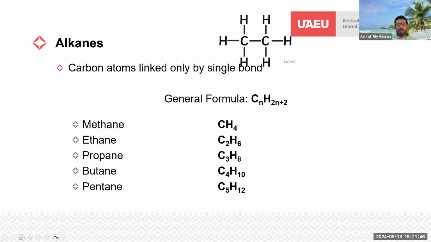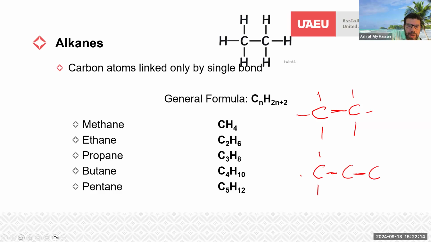So the simplest alkane will have C and another C and 1 bond. Now each needs to have 3 more, so in hydrocarbons, this will be 3 H's and this will be another 3 H's. Or it will have 3 C's, each connected with a single bond.